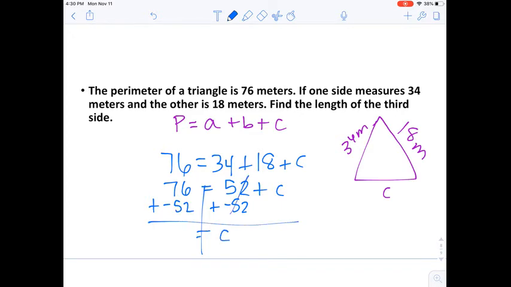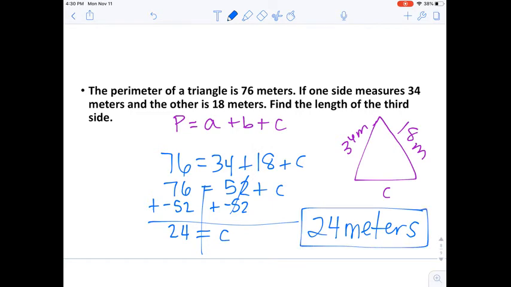I'm left with C equals 24. Now I'm going to think about how I'm going to label it. I know the side lengths are measured in meters, so it's going to be 24 meters. Our third side length is 24 meters.